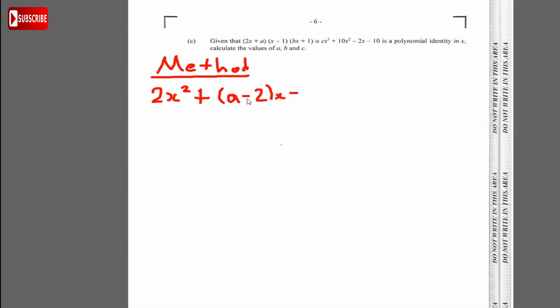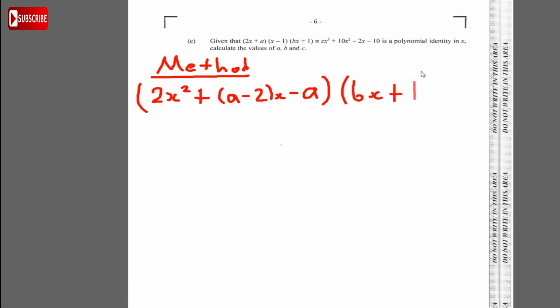If you're wondering where this comes from, 2 times this is 2x squared, this times this is minus 2x, and this times this is ax. All I did was factor out the x. So that's that. Then you're going to multiply this by (bx + 1).